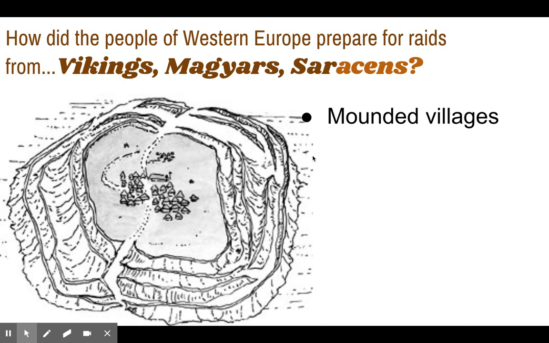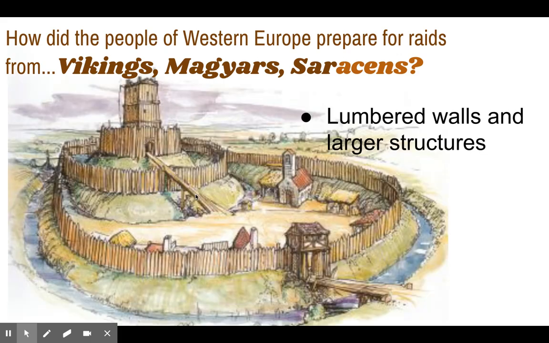So one thing that the Europeans did is they started to mound their villages to make it a little bit more difficult to raid. The people raiding could still manage to get in, but it was a lot more difficult. Later on, they had lumbered walls, so walls made of wood or lumber, trees that they cut down.